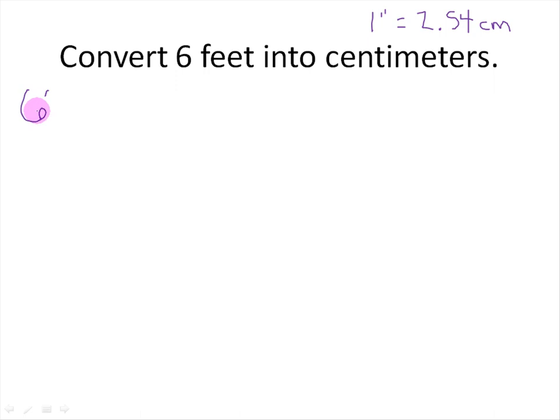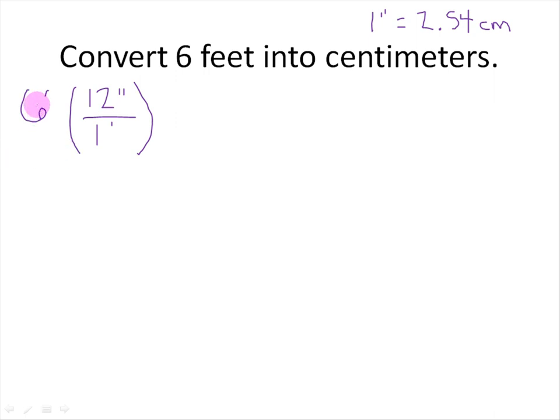So first we're going to have to convert 6 feet into inches, and then we're going to have to multiply, or go through and multiply times 1 to find out how many centimeters that is. So 6 feet, we know that there are 12 inches in 1 foot. So we'll multiply 6 feet times 1, 12 inches over 1 foot.